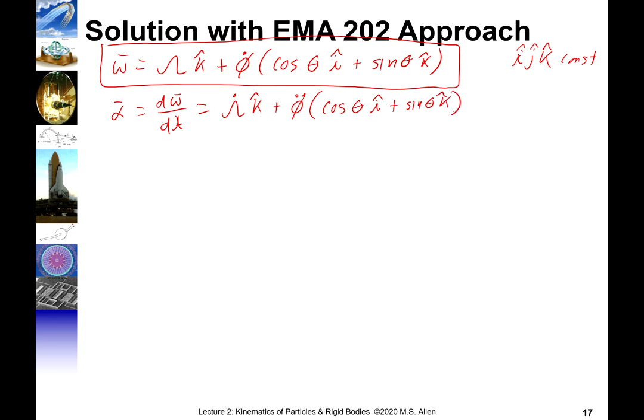Notice that's just the E phi direction. And then we need another term that's phi dot times the derivative of the inside. So for the inside, this first term, derivative of a cosine, is a negative sine theta. And then we also have to take into account the derivative of theta with respect to time.